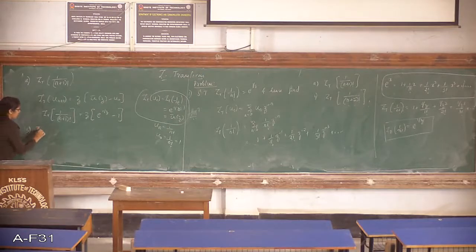Next thing is the Z transform of 1 by n plus 2 factorial. This also is in a similar fashion, that is by the left shifting property.